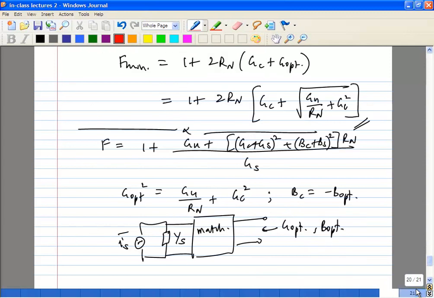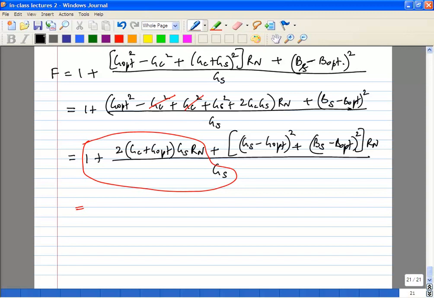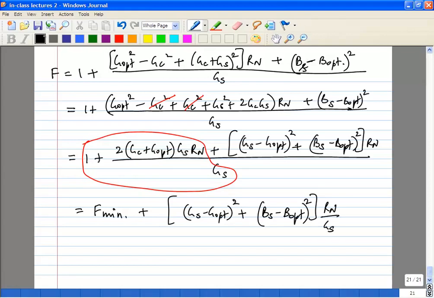Actually, small mistake here, because we should of course include this also. Close the 1 also, right? Okay, so this portion is F min.